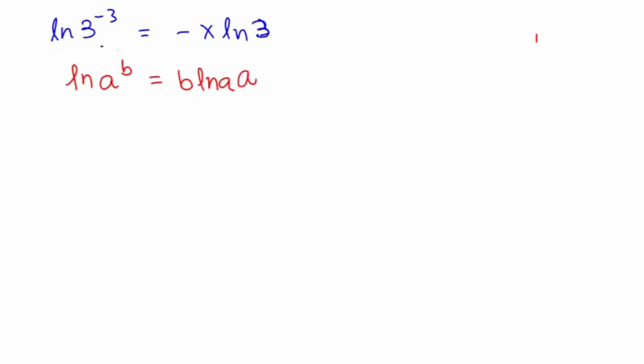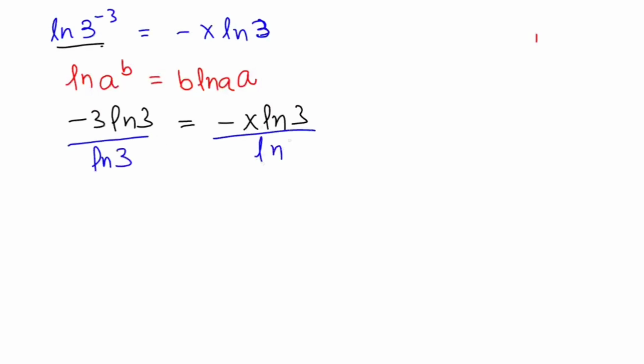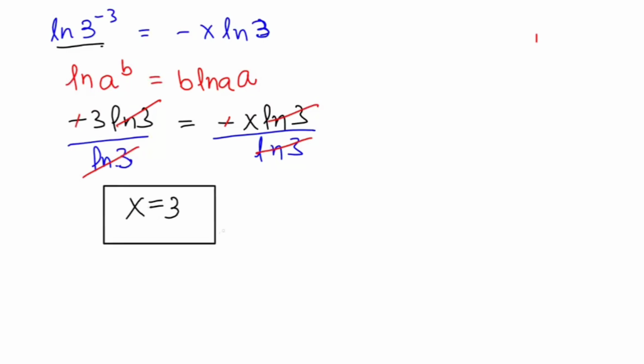So this will turn to negative 3 ln of 3 is equal to negative x ln of 3. Now here this ln of 3 is multiplying, so we divide both sides. So this and this get cancelled, and these negative signs are also cancelled. So the x value we find is equal to 3. This is the x value that we find by using the Lambert W function.